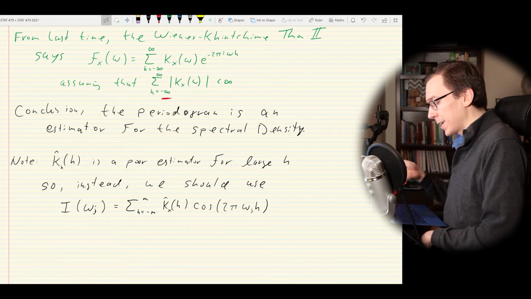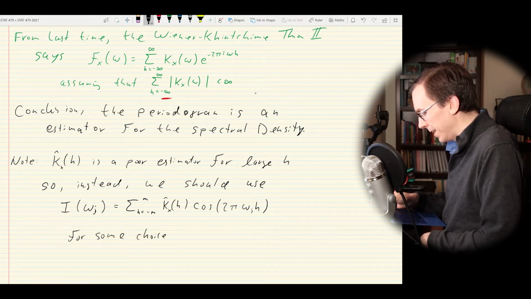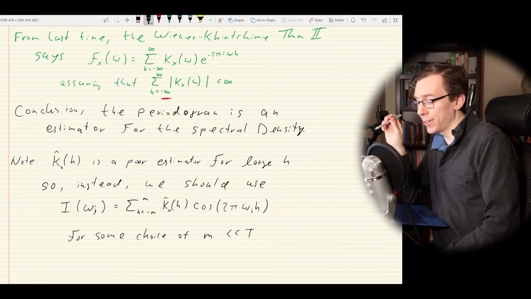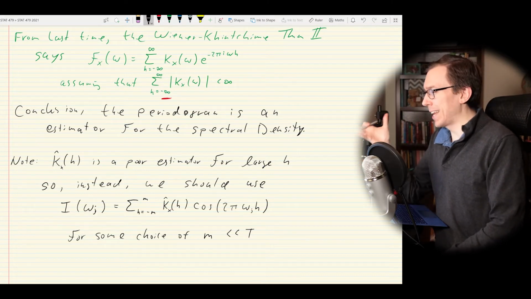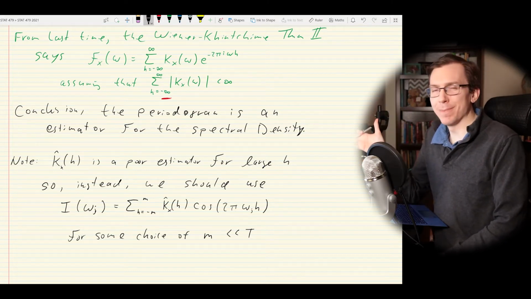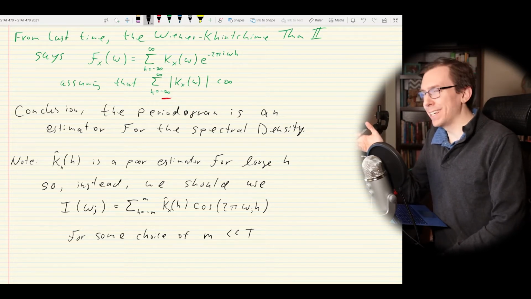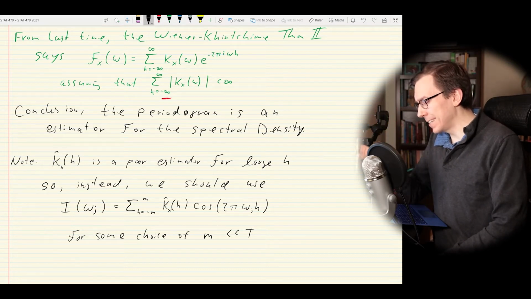So instead, our periodogram will look something like this for some choice of m, which is going to be much less than T, so that we can get a good estimate of all of the autocovariances. Right now, what should we choose for m? Well, I don't have a good answer for that. I assume that somewhere in the R packages that compute these things, they probably have their own built-in choices for how they actually do all of this.